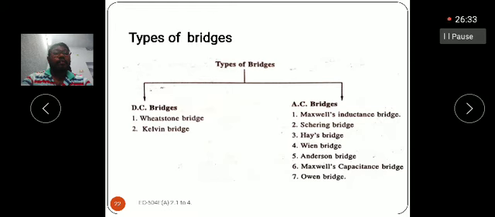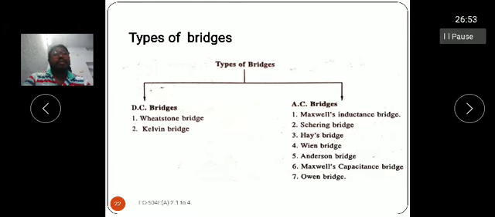As well as, we are using one more bridge for measurement of resistance, the Kelvin bridge, that is also a DC bridge. In the AC bridges, we have seven different classifications based on the design and the measurement of the unknown parameters.